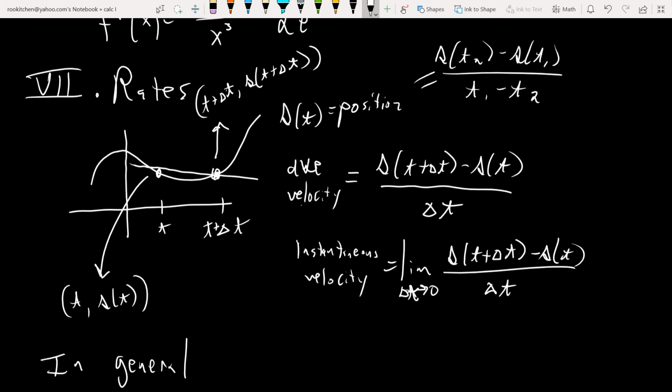We're using t and t plus change in t for t1 and t2. So t2 is t plus change in t, and t1 is just t in our case. The derivative of the position function is the velocity.